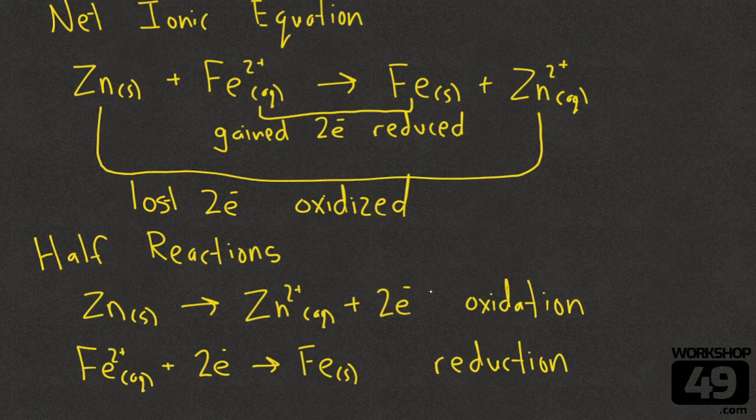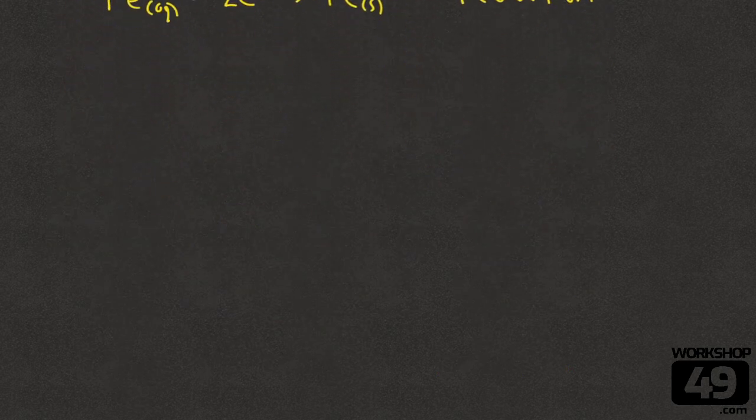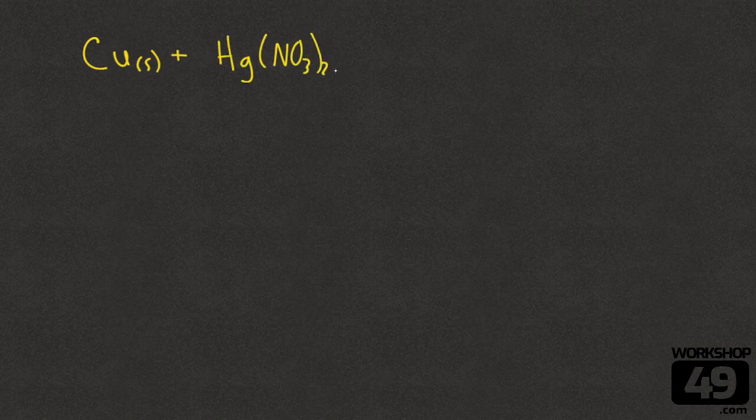Let's go ahead and do a second little example here. We're going to move that up. And this time we are going to mix copper solid into a solution of mercury 2 nitrate. And that's all dissolved, so that's aqueous.